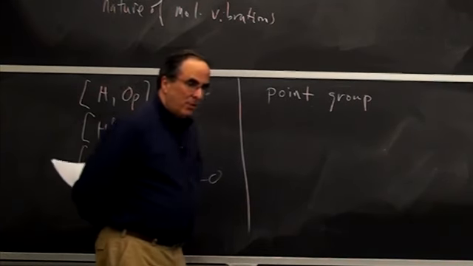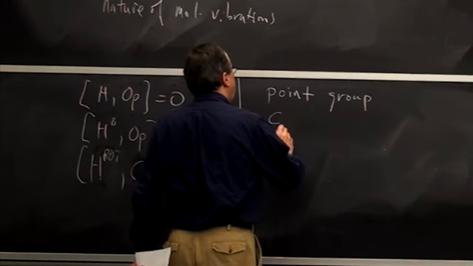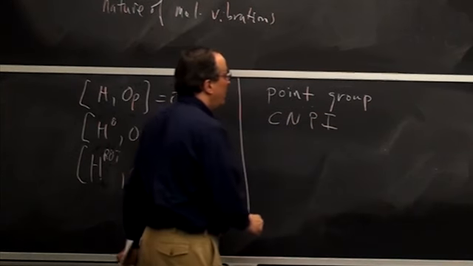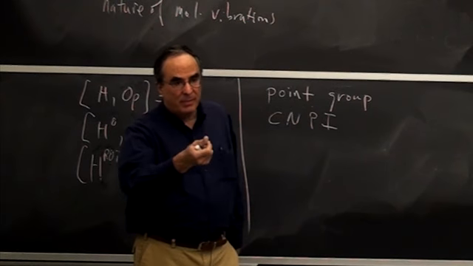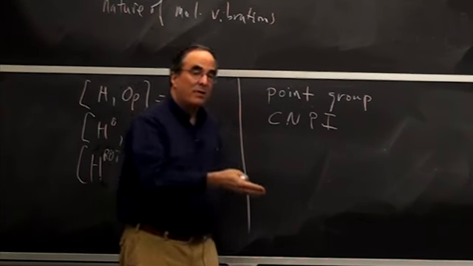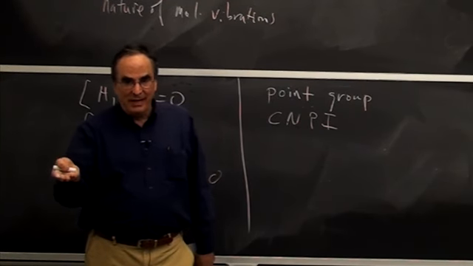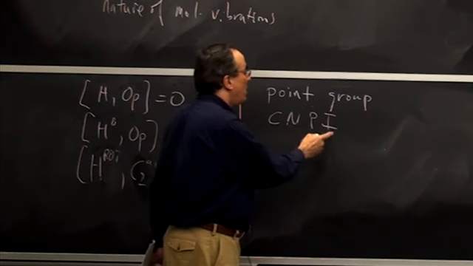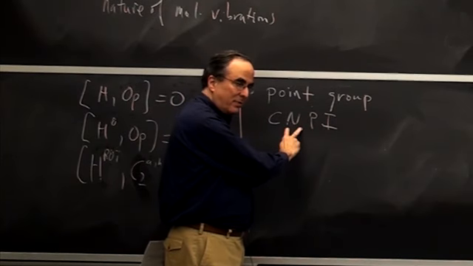The real symmetries in molecules are the complete nuclear permutation inversion group. Nuclear permutations, you have identical nuclei, you can permute them. Those have to correspond to rigorous symmetries. And there is an inversion symmetry, not in the body, but with respect to the laboratory. And so these are the rigorous symmetry elements.